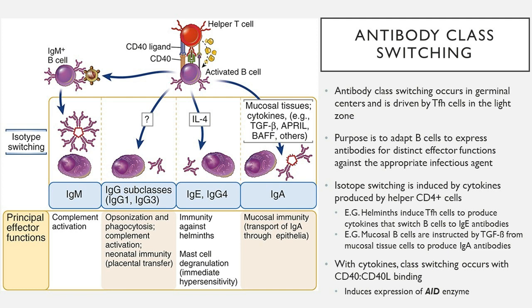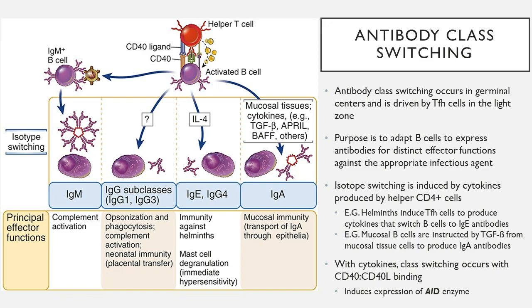So whatever antibodies are necessary to fight off that particular infection usually gets word through the helper T cell to then get word to the B cells to class switch to that particular antibody-producing type. And again, the two things that mediate this are, first of all, the cytokines that give the signals for what to switch to, and then, in order to switch in general, the CD40, CD40L binding, which, as I mentioned earlier, induces the expression of the AID enzyme, which is necessary for this process.